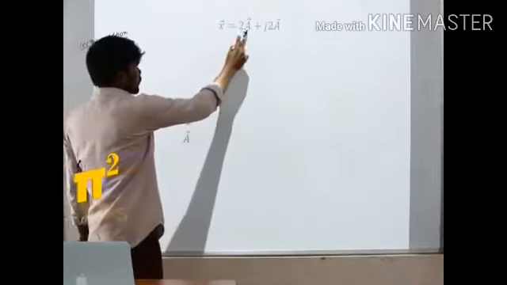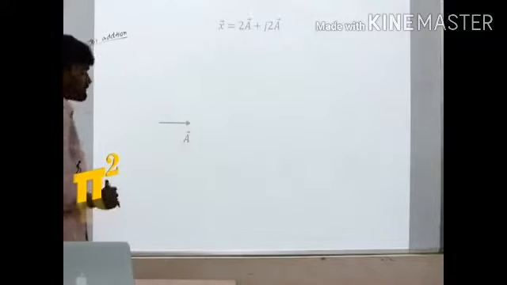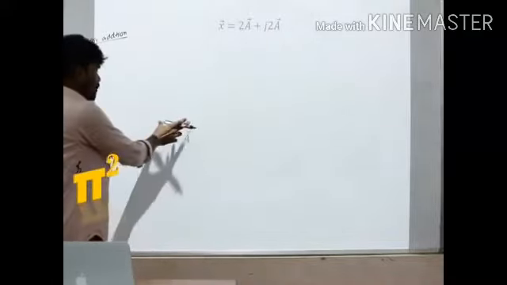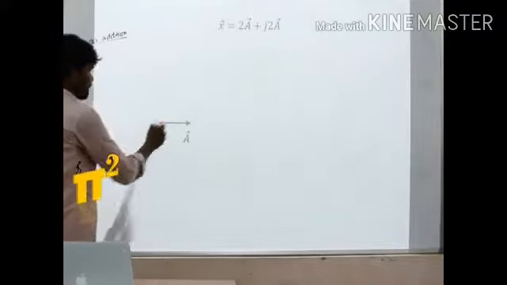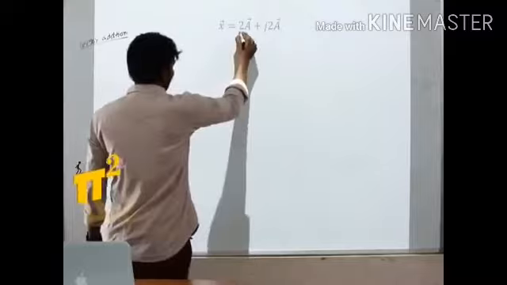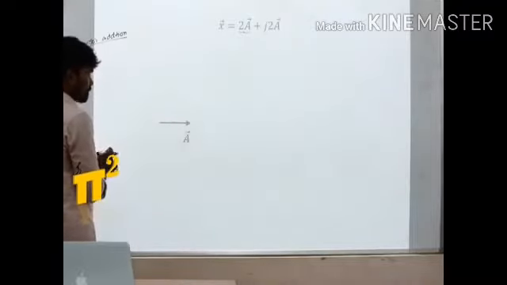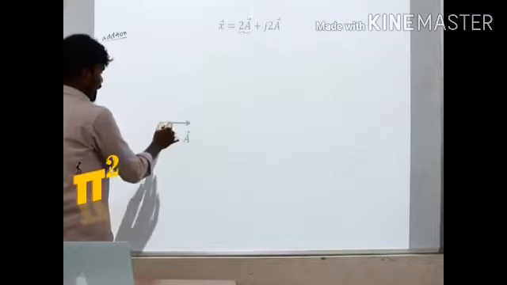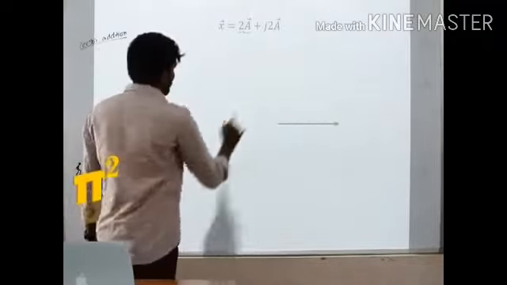X is equal to 2a plus j2a. A is given here. Of course, if a is not given here, we cannot find. So a is given here. So first term, 2a. So a को थोड़ा बढ़ाना पड़ेगा. So let's take little longer a. So this is 2a. First term is over.